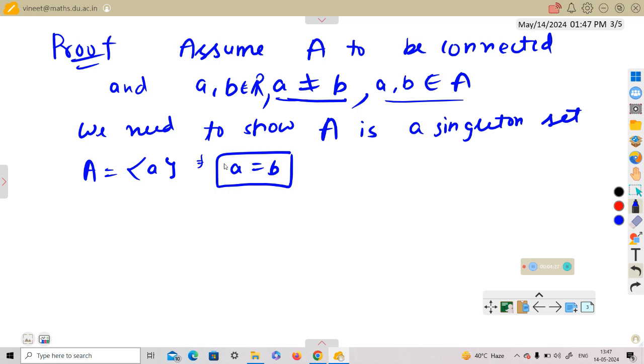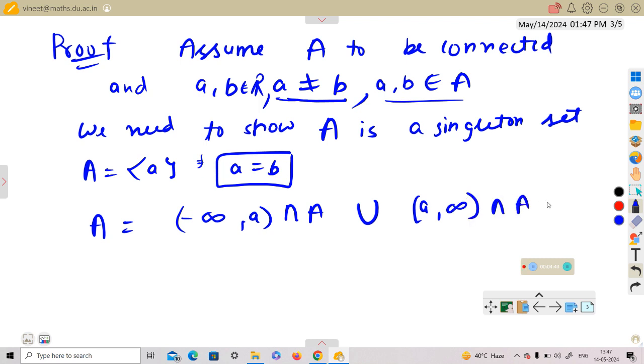Now again we can write A as (minus infinity to a) intersection A, union (a to infinity) intersection A. Now since A is a connected set and these form a separation, one of them must be empty.